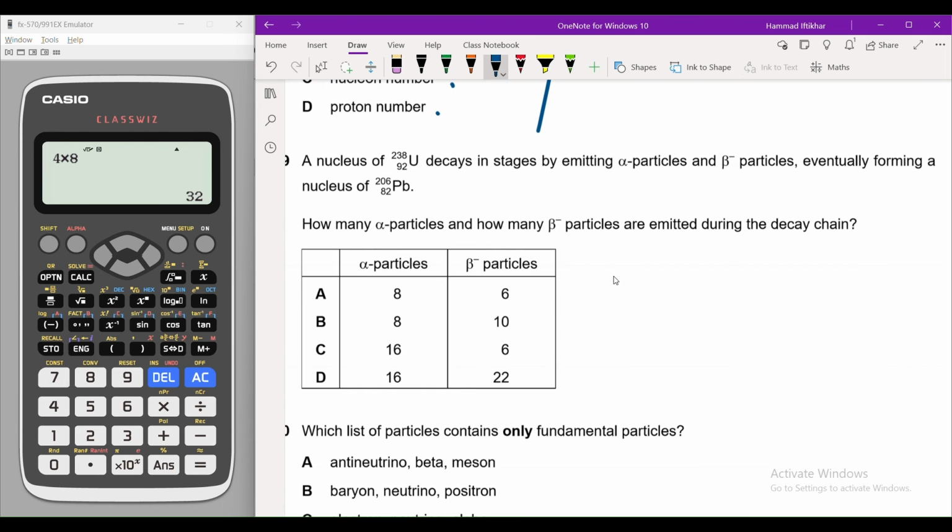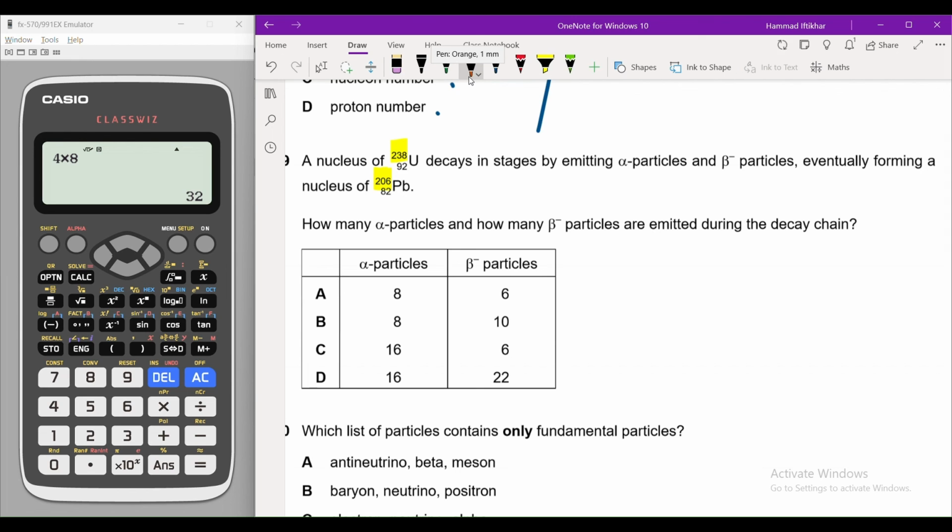A nucleus of uranium decays in stages by alpha particles and beta negative particles, eventually forming a nucleus of lead. How many alpha particles and how many beta negative particles are emitted during the decay chain? Okay, so first off, we need to think about the decrease in the nucleon number, because in beta decay the nucleon number doesn't change.